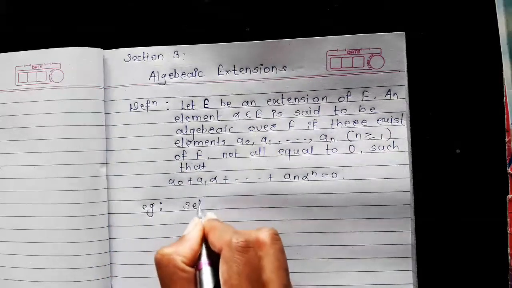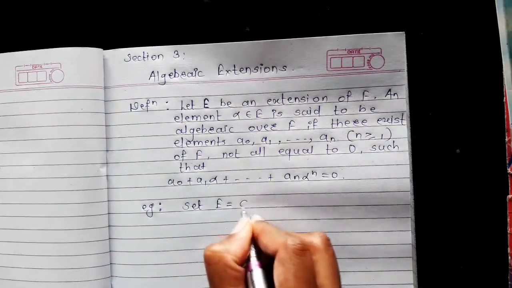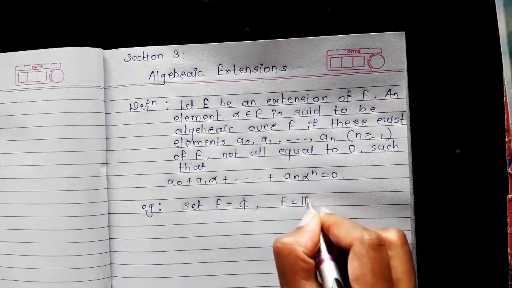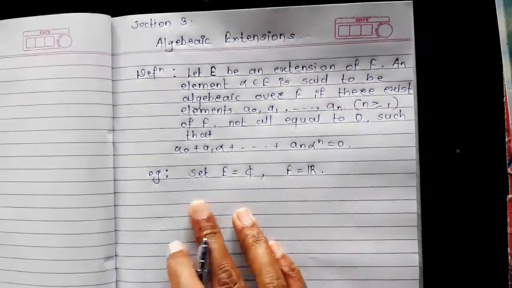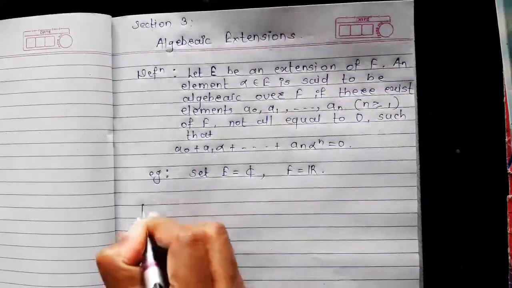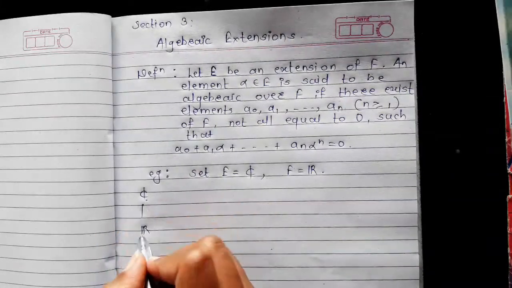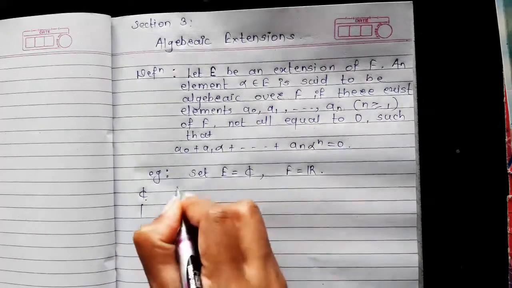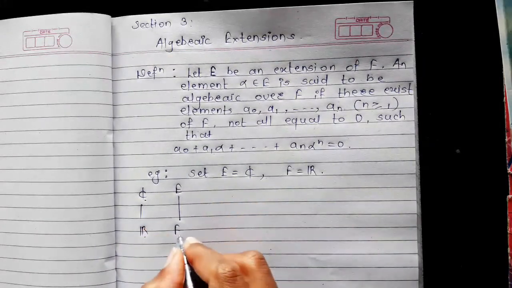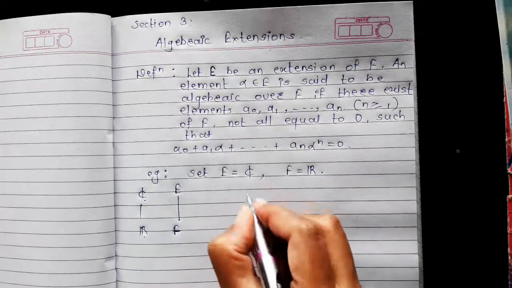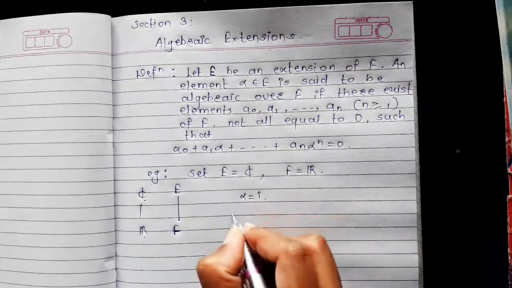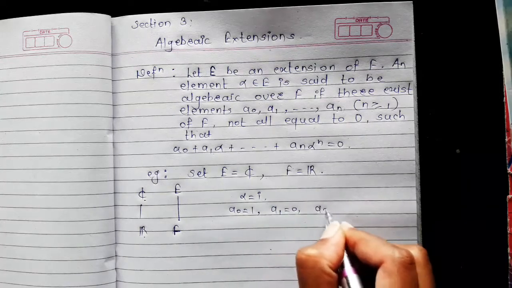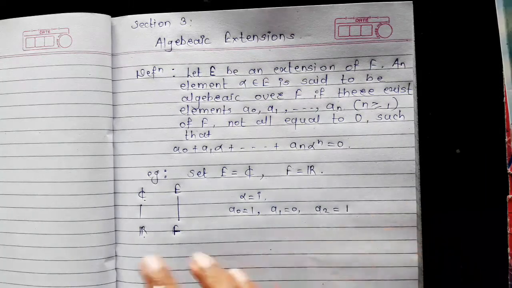if we set E equals the set of complex numbers and F equals the set of real numbers, we know that the set of complex numbers is an extension of the set of real numbers. That is, here we get this E is an extension of field F. Now we set alpha equals i, a0 equals 1, a1 equals 0 and a2 equals 1.